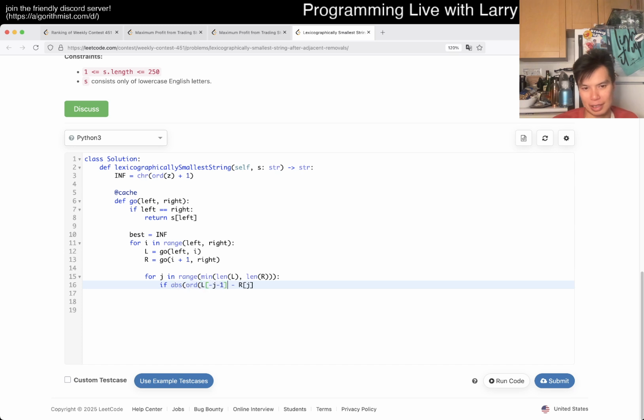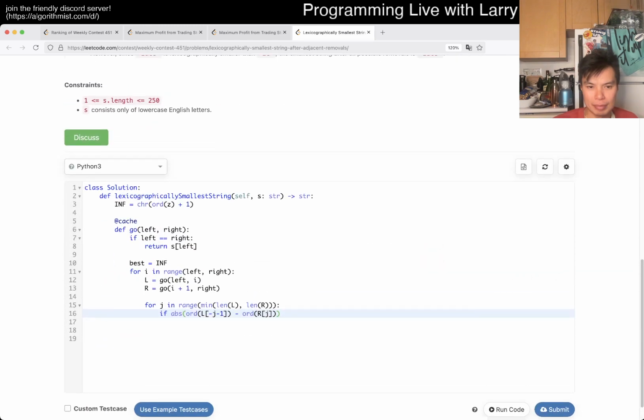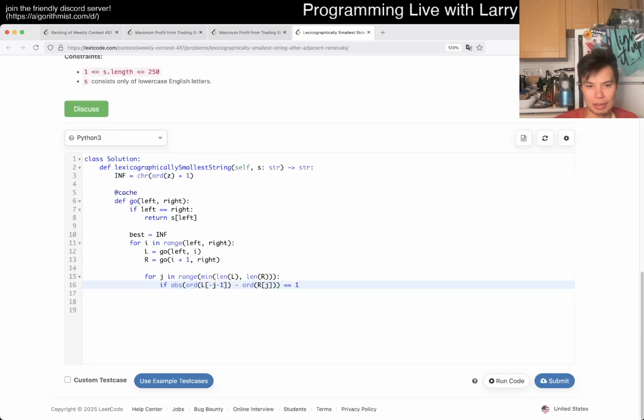And for now, we'll just ignore the A and the Z thing, just because I can't even deal with it. Because this is already gonna be too slow, honestly. Then offset.